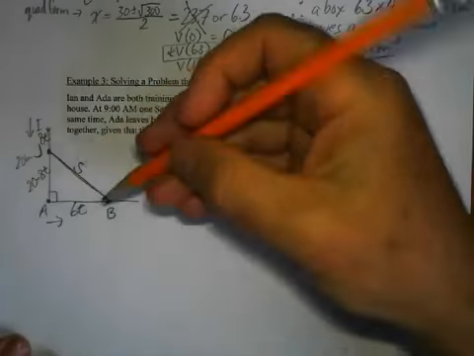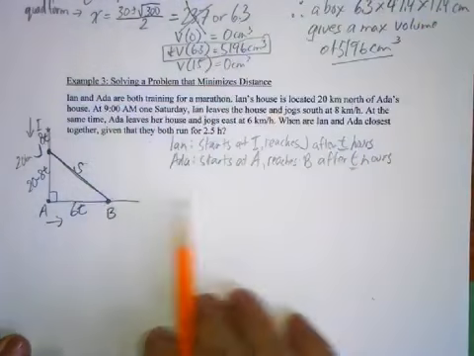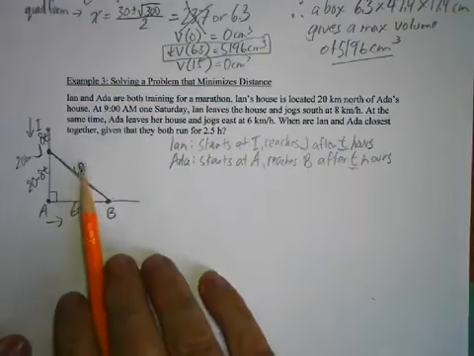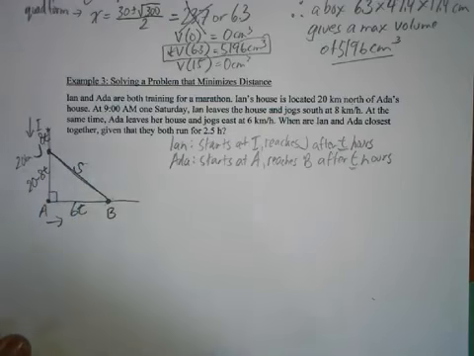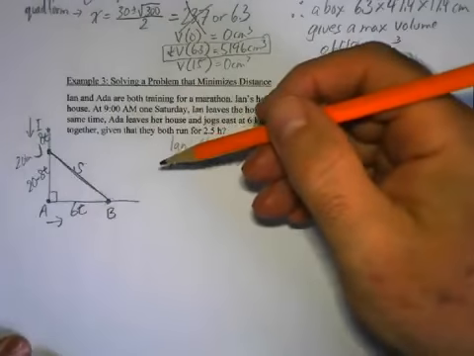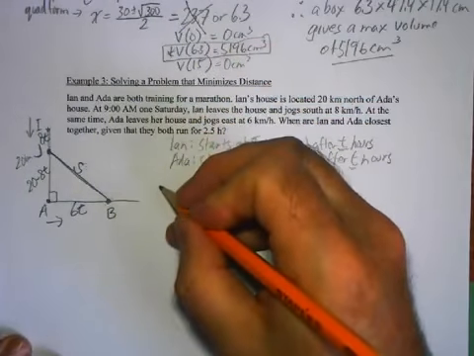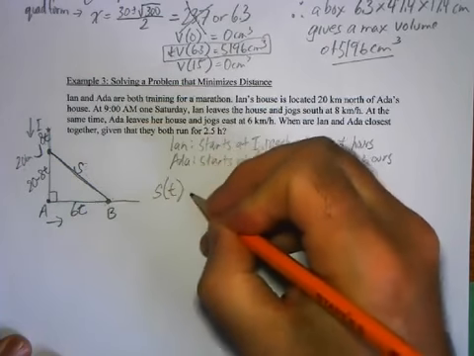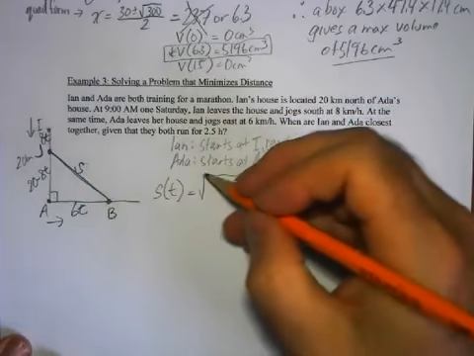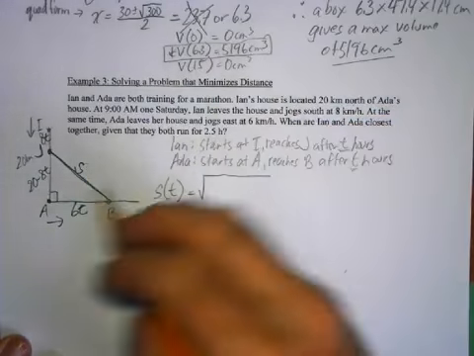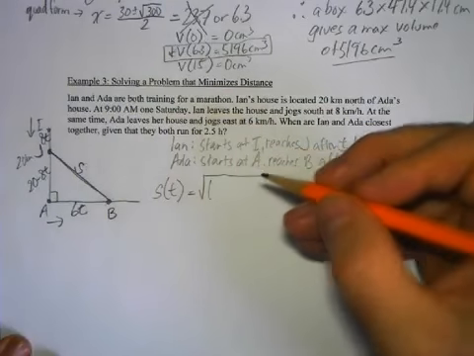Now you could start this off a little simpler at this point for the formula. You could say that s squared is equal to (20 minus 8t) squared plus (6t) squared. I'm going to rearrange it already. So if I'm trying to solve for s based on time, s of t, that's going to be equal to the square root of these two sides combined, the squaring of both of those sides added together.